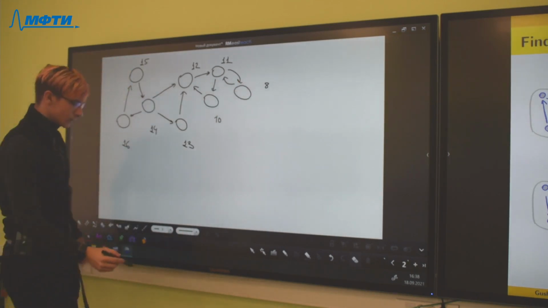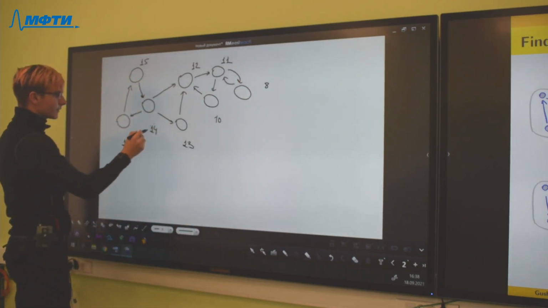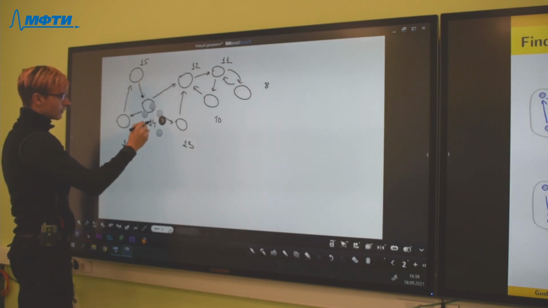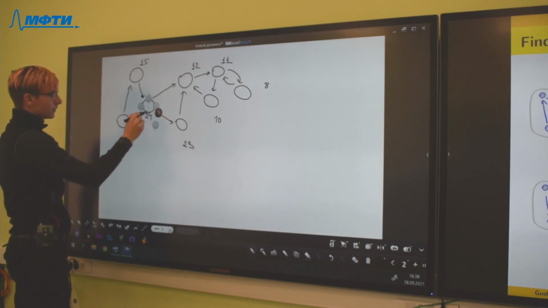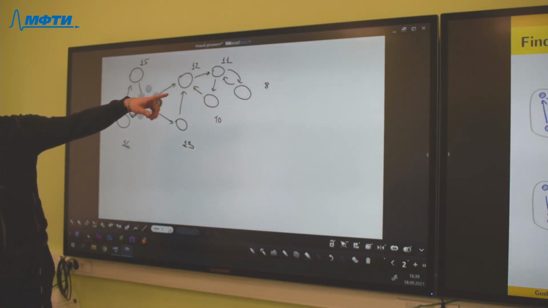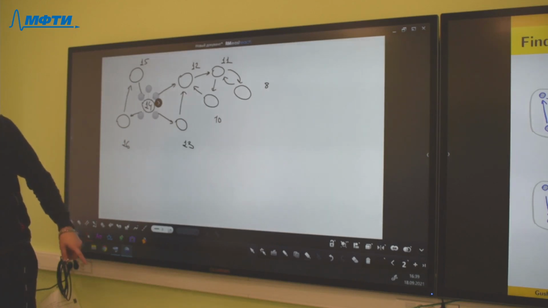These numbers are equal to the numbers that I drew in the figure on the slides.